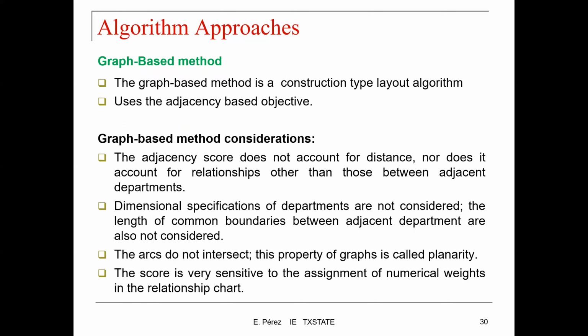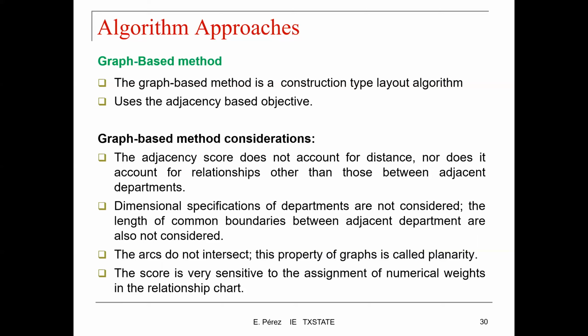So the graph-based method is the first one. The graph-based method is a construction type layout algorithm, and it uses the adjacency-based objective. Graph-based method considerations: the adjacency score does not account for distance, nor does it account for relationships other than those between adjacent departments.